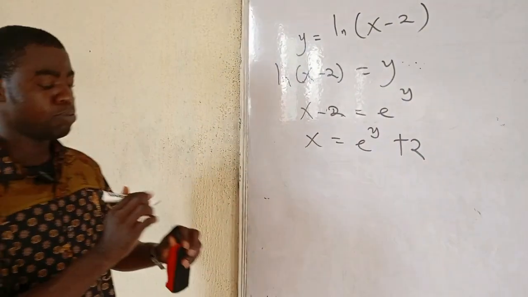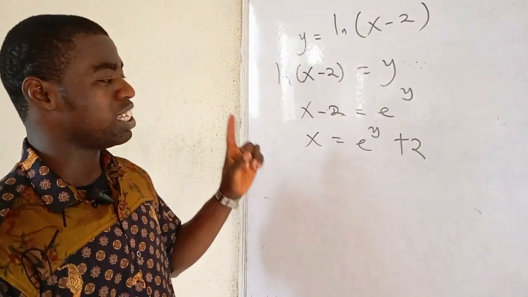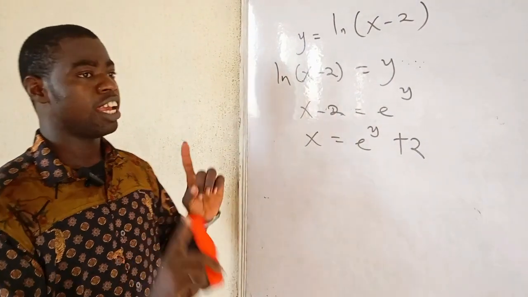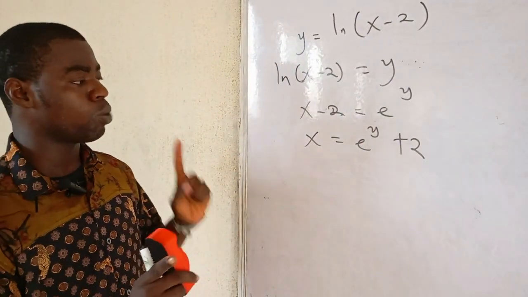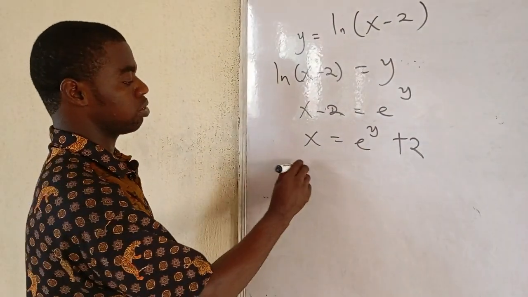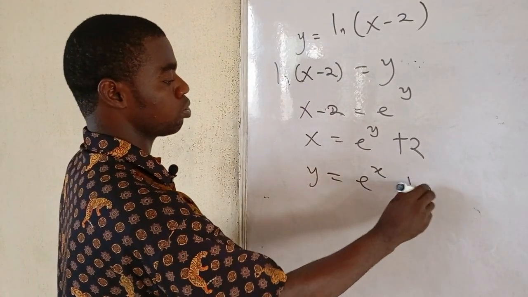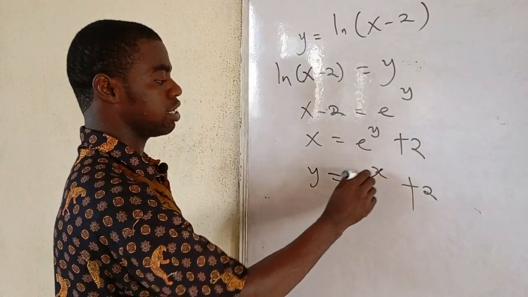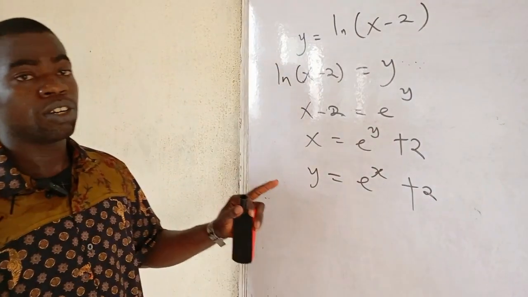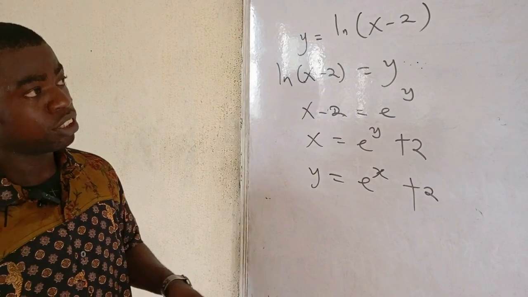Having been able to make x the subject of the formula, the next step is to interchange the variables. Anywhere you see x, put y, and everywhere you see y, put x. So this becomes y is equal to e raised to the power of x plus 2. And this is our inverse function. This is the inverse function of what we have there, right?